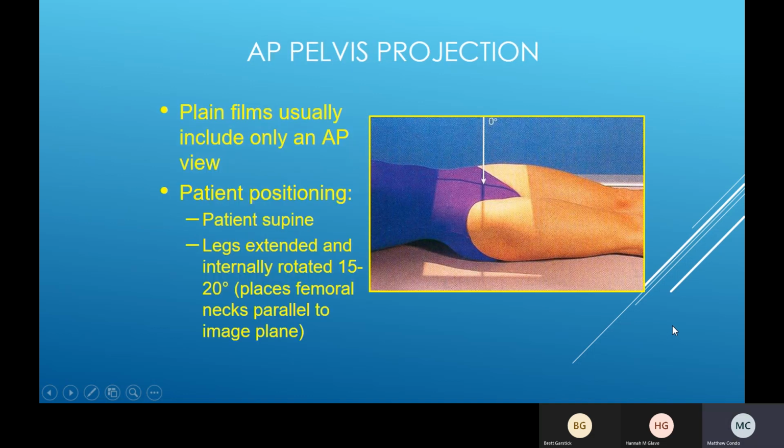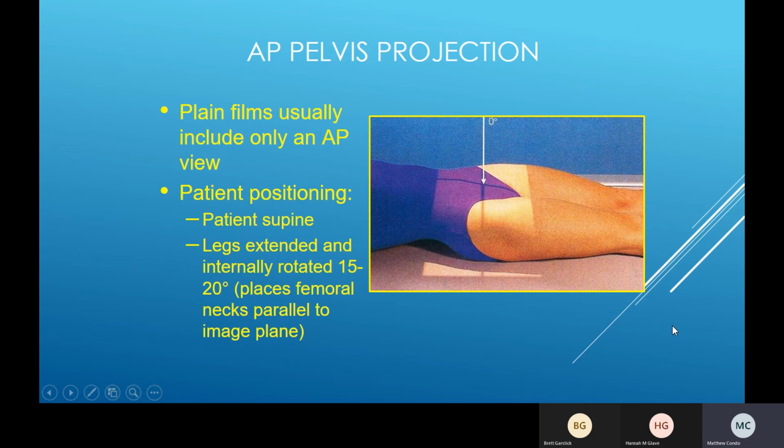This is what the AP view looks like of the pelvis. Big things to remember here. Okay, we're going to get into this, especially when we start covering the hip. Lower extremity position in terms of internal and external rotation is going to be very important.